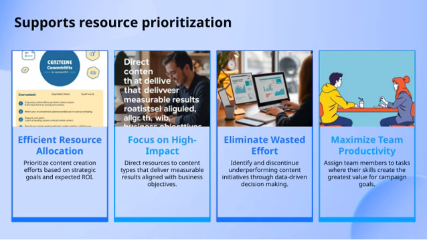We should assign team members to tasks where their skills create the greatest value for our campaign goals. When everyone's working in their strengths, we not only get better results but also boost overall efficiency. All of these points are interconnected. They help us make smarter decisions, optimize our resource use, and ultimately drive better results across our marketing efforts.